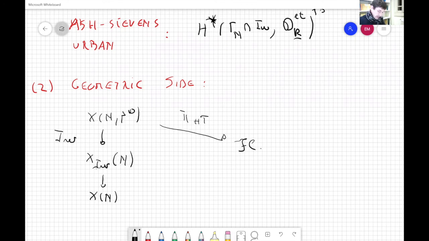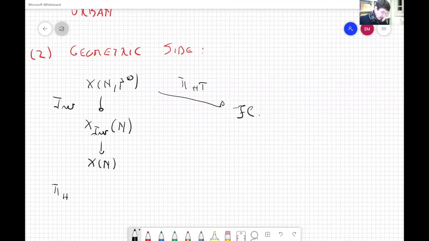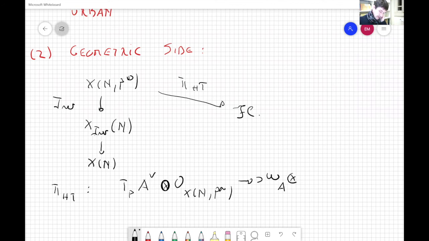Remember this map pi Hodge-Tate, it is defined by saying: you have a Hodge-Tate map from the universal p-adic Tate module over X and P infinity that surjects to omega A tensor O_X and P infinity.